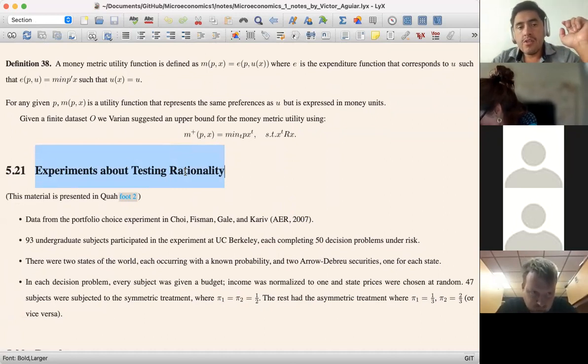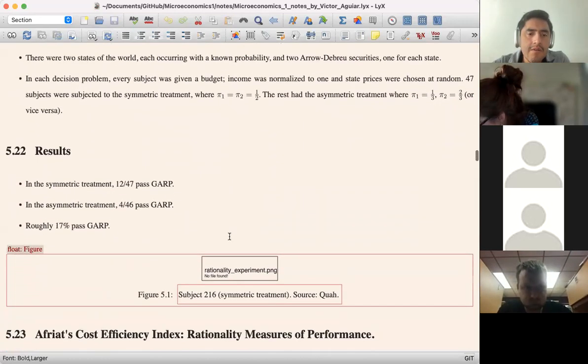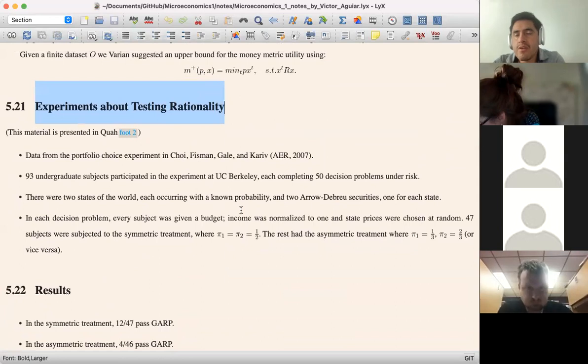There are several data sets right now that have some tests for rationality. I'm gonna describe the experiment more in this class so you understand a little bit more what kind of experiments people are using, even though of course you have the data set and you can implement the GARP. In the end, I couldn't fix the issue with the figure. It's irrelevant for the class, so don't worry about it.